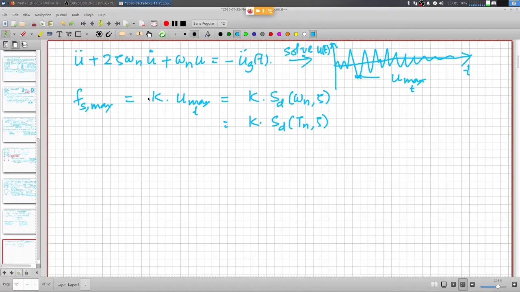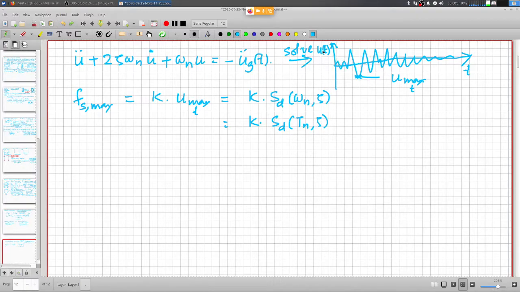The important thing to note here is, by using this response spectrum, everybody is spared the task of integrating this equation of motion, integrating this differential equation, because you are not really interested in finding out the point to point variation of displacement as a function of time.